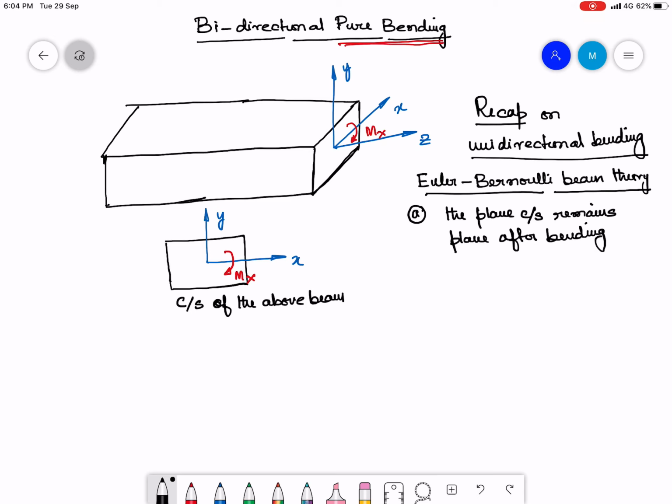That is the first assumption, and the second assumption is that the plane remains perpendicular to the neutral axis even after bending.